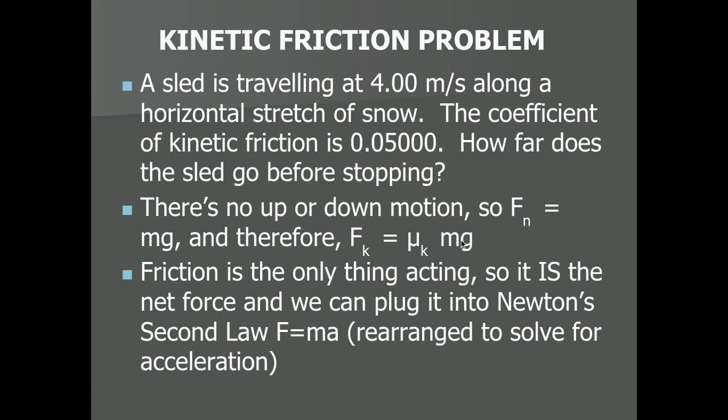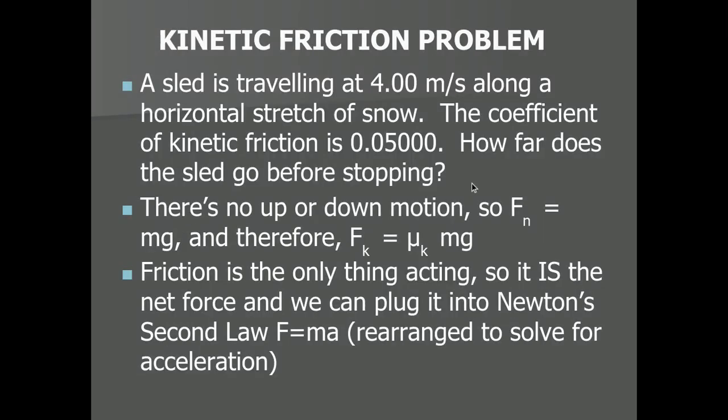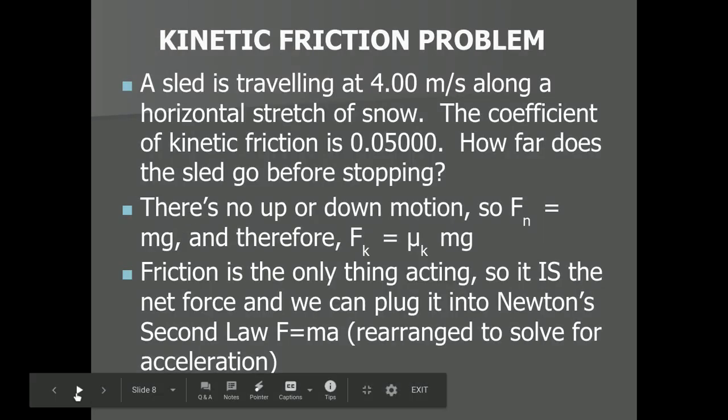Remember g is like your a, so they're just rearranging to get a by itself on one side. So it's negative the coefficient of kinetic friction times the mass times gravity divided by m. You can see the m's cancel out. So one way you can solve for acceleration is taking the negative of the coefficient of kinetic friction times the gravity.